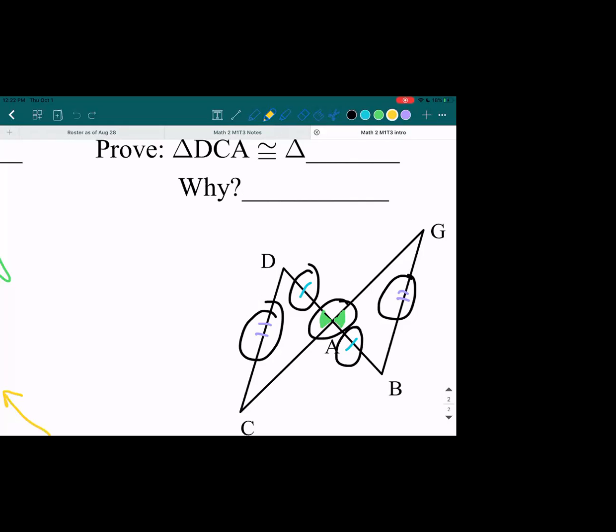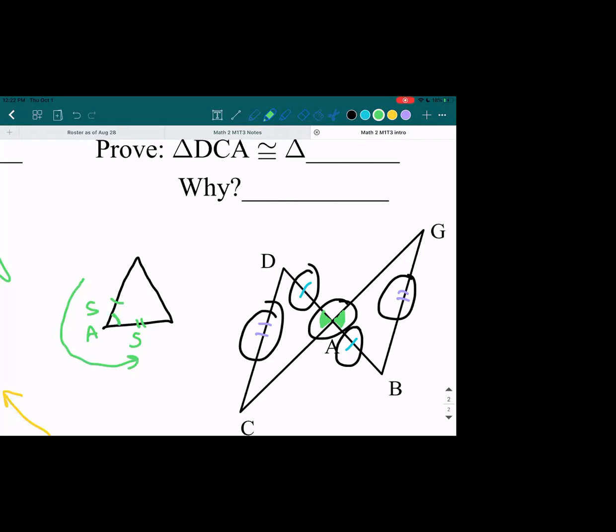Okay. So if you were going to say SAS, that's when in your triangle you have a side, an angle, and then a side. This is SAS because the angle is in between them. You just go in order, curving around your triangle.